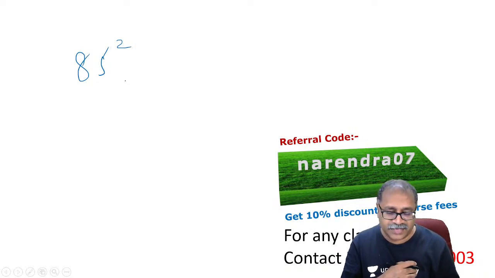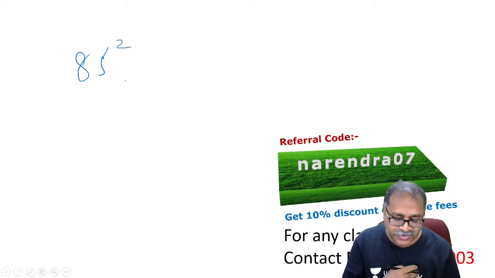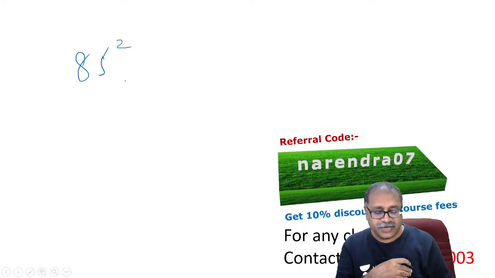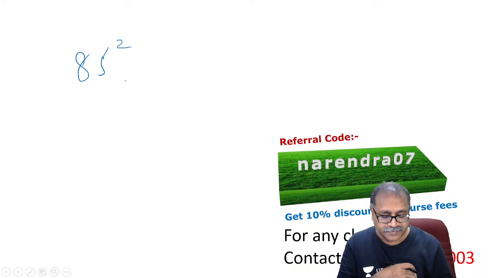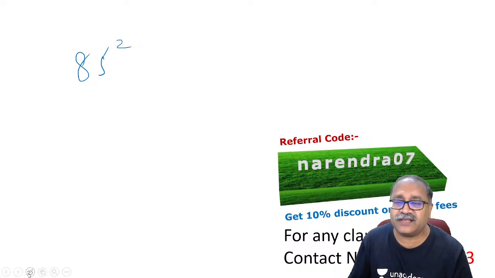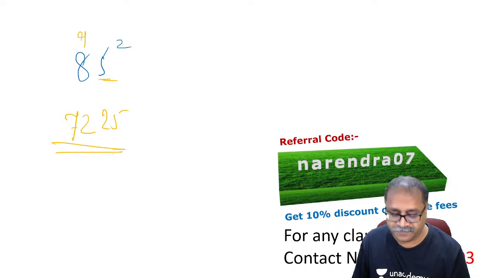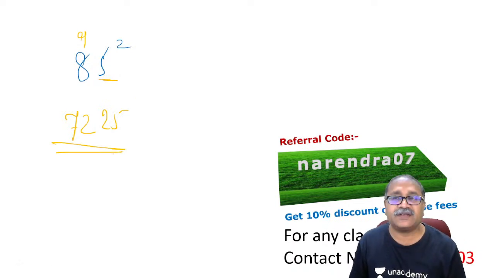Great, great. So what you did is you multiplied 8 by 9. So 8 into 9 is 72, followed by 5 square, which is nothing but 25. Okay, this was one of the special cases.